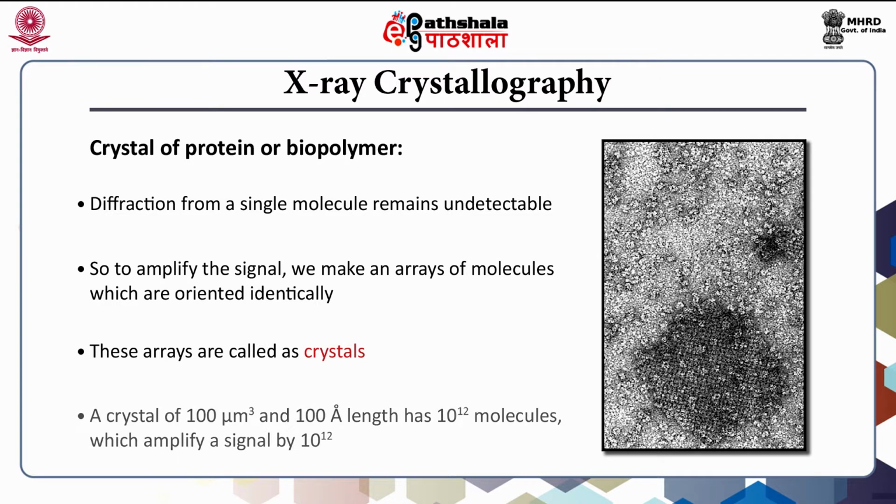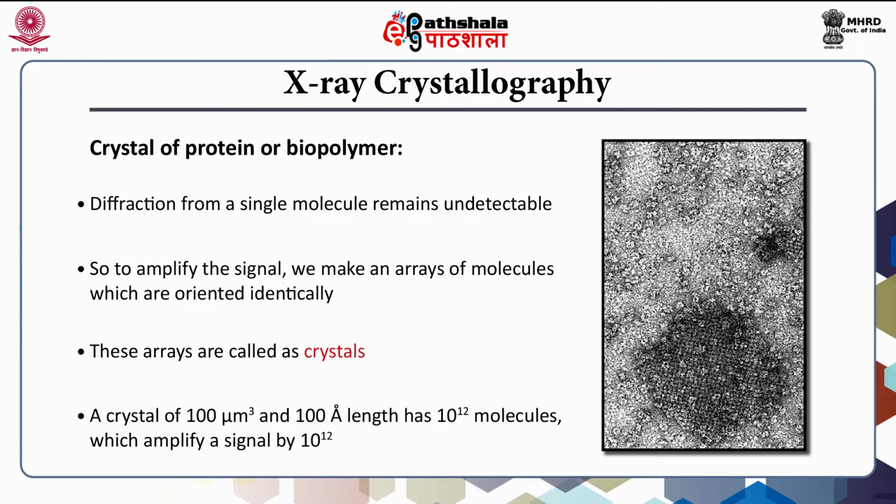For example, a crystal of 100 micrometer cube volume contains 10 power 12 molecules, and such a high number of molecules is required to amplify the signal. For instance, in a crystal with a distance of 100 angstrom across, that amplifies a signal of 10 power 12.